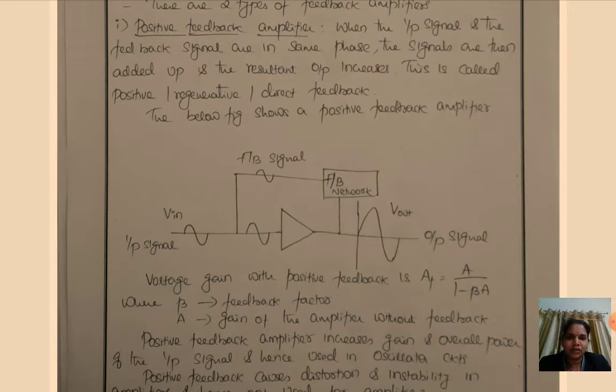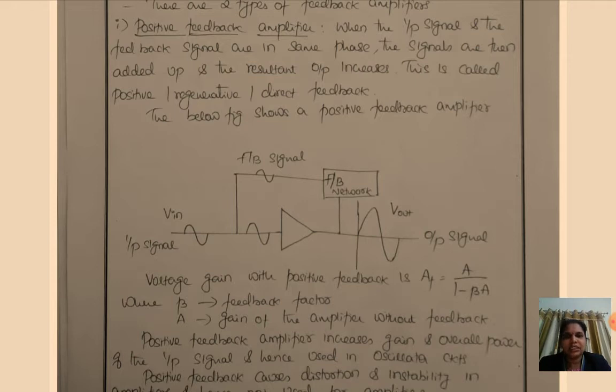A part of the output signal is taken and processed in a feedback network, and the output of the feedback network is named the feedback signal. This I add to the input signal. So this added signal, that is the input signal V in plus the feedback signal, when both are in the same phase, gets added.